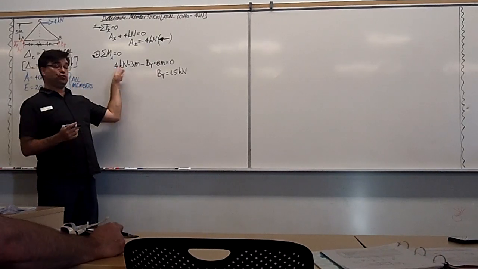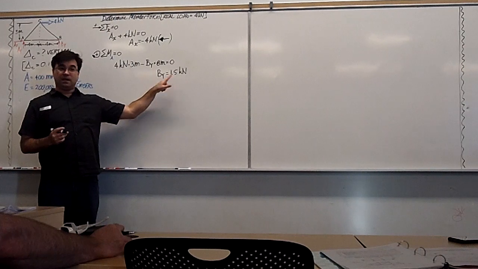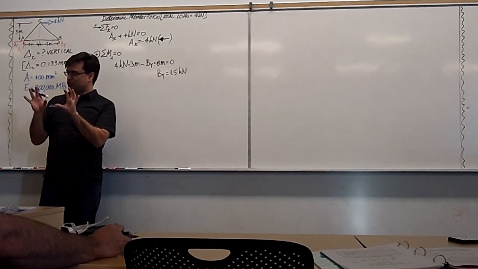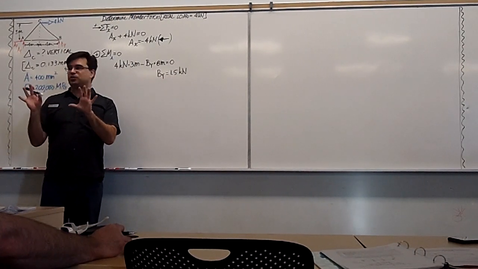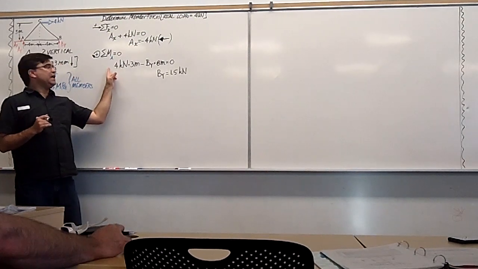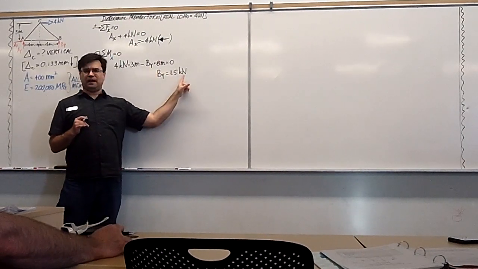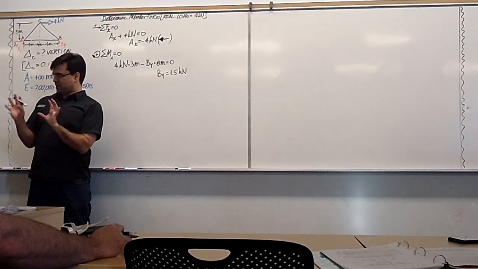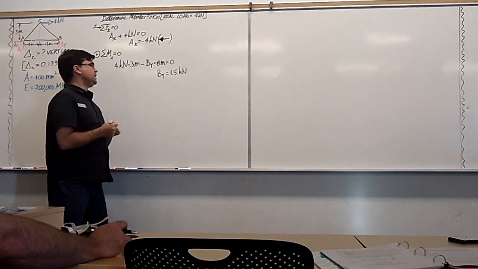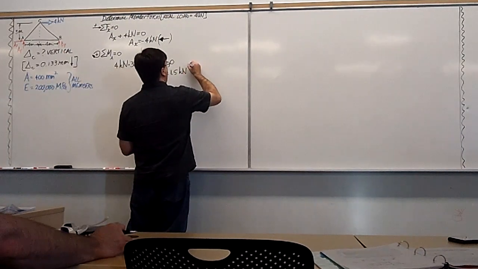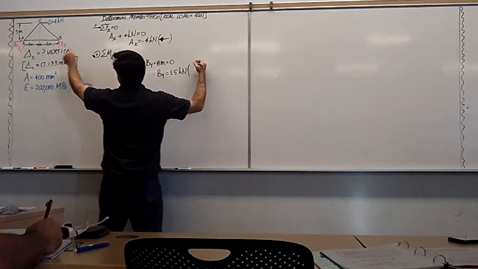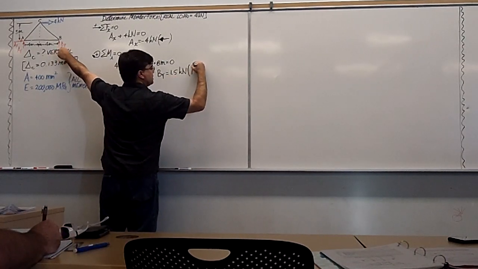I'm okay if you do all the steps to get to here. What I want to make sure is crystal clear is that you are able to go from this line to that line regardless of what steps you take. Is that true? Okay. So for this, I get By positive 1.5. So that means it's in the same direction I guessed, like this.